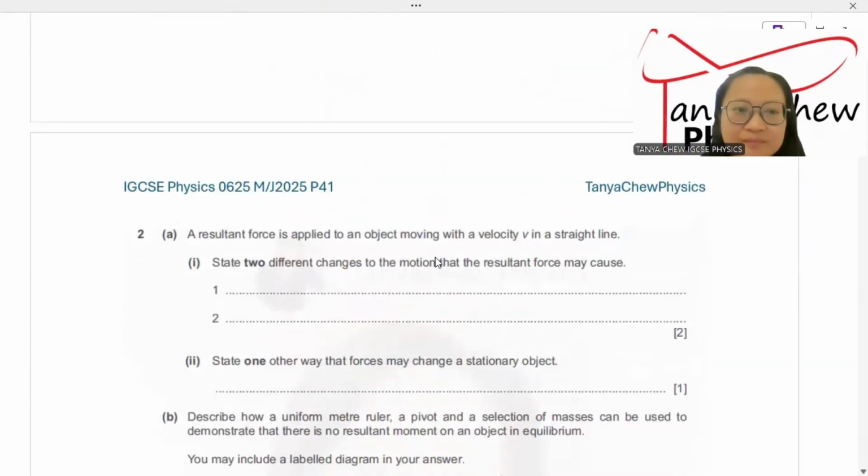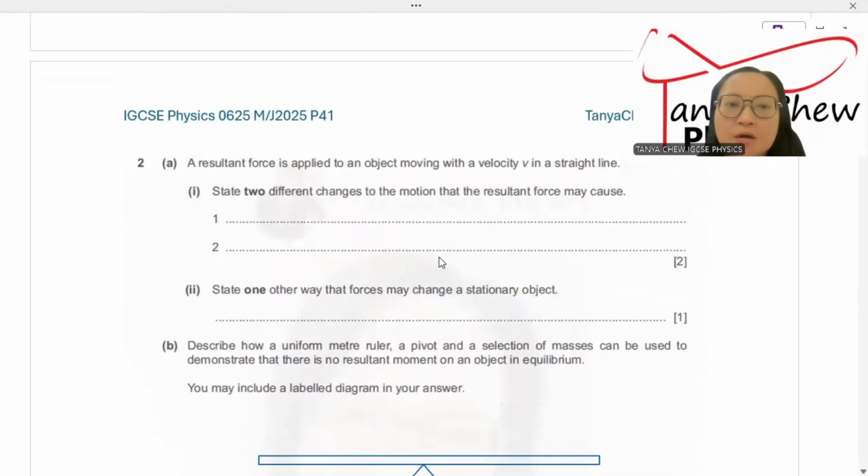That's it. Now, number 2A: a resultant force is applied to an object moving with a velocity v in a straight line. State two different changes to the motion that the resultant force may cause. Changes to the motion. What happened? Motion, you can talk about the speed, you can talk about the acceleration.